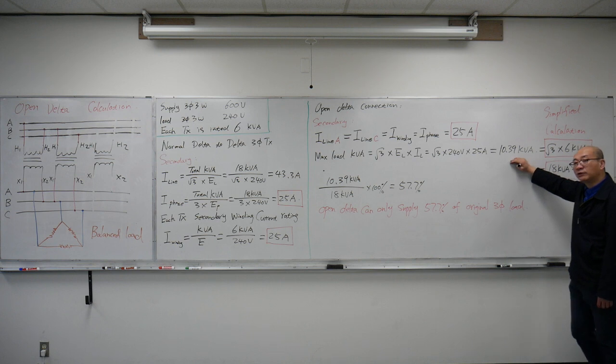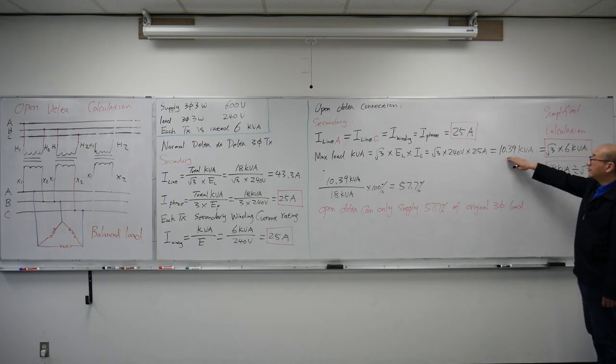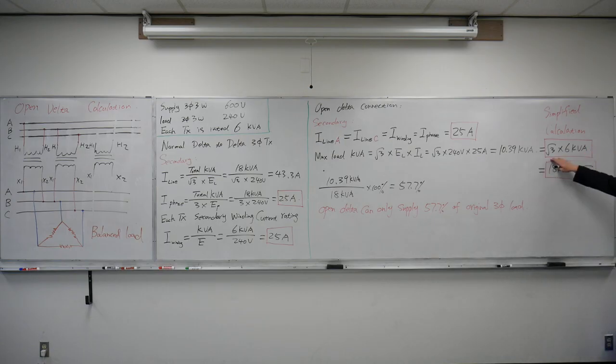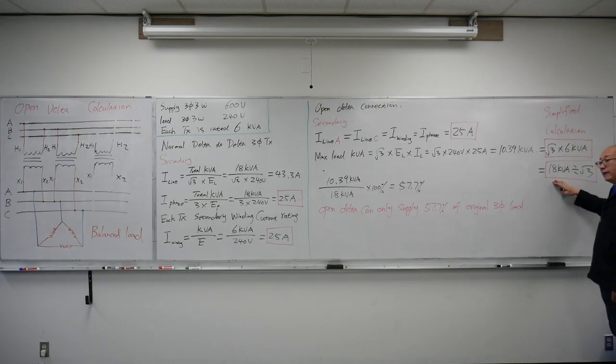That's the maximum kVA of the load that could be supplied by this open delta connection. This 10.39 kVA is equal to √3 times 6 kVA, since each transformer is rated for 6 kVA. It's also equal to 18 kVA divided by √3. So I put the simplified calculation here.